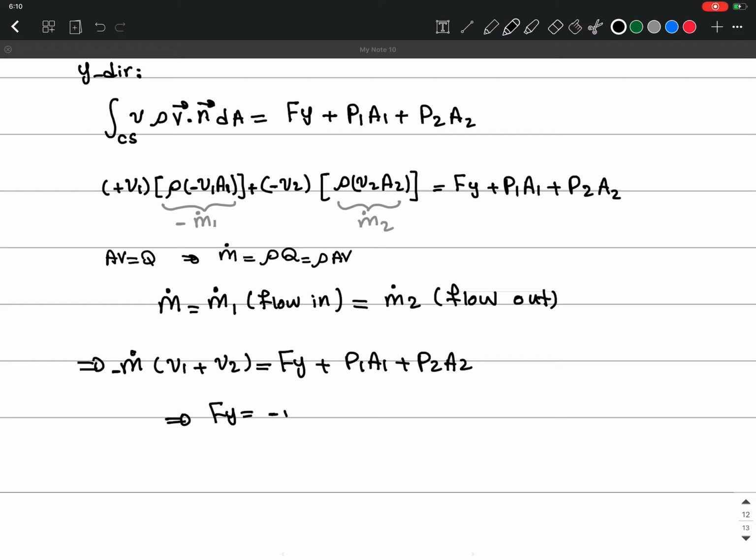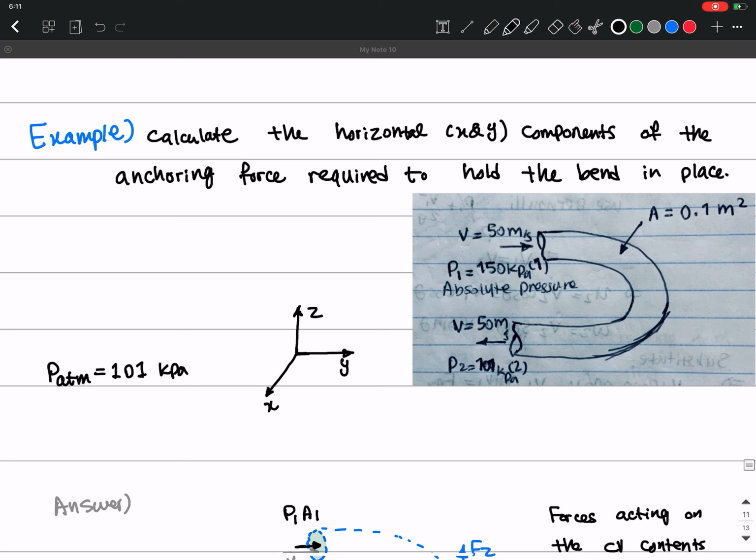So let's calculate what m dot is. m dot is rho 1 A1 V1, which is equal to rho 2 A2 V2. V1 is 50 meters per second. A is constant here, which is 0.1 meter squared.